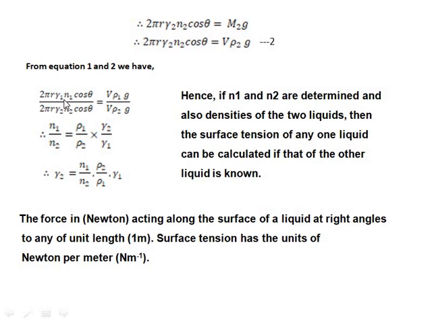Therefore, gamma 2 is equal to N1 upon N2 into rho 2 upon rho 1 into gamma 1.